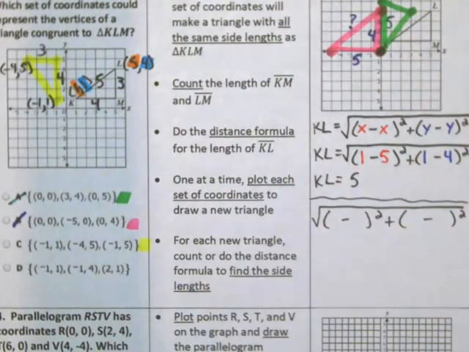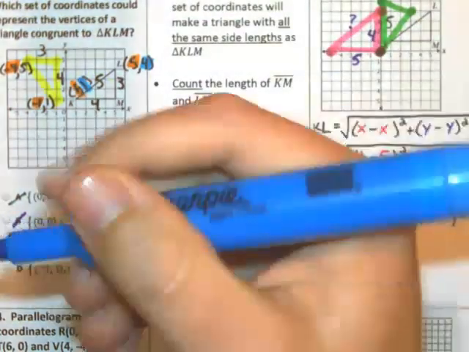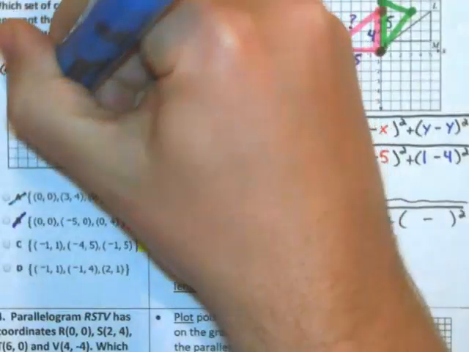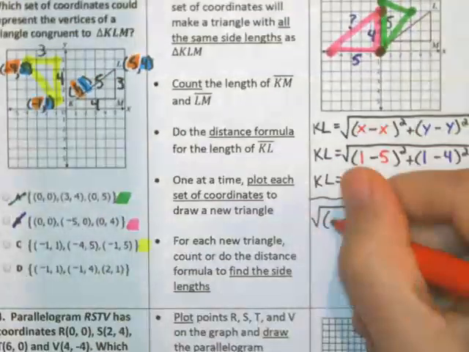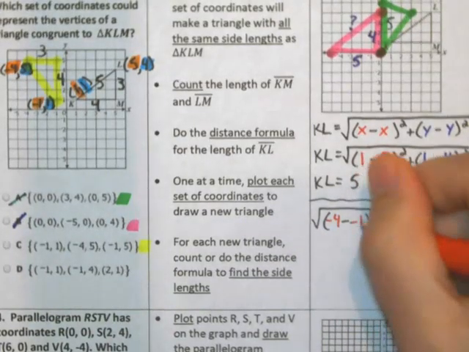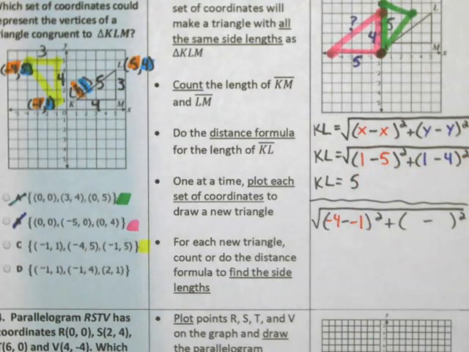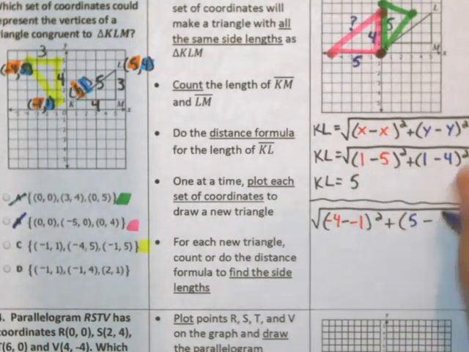So let me do some quick color coding. The first x value is -4. The other x value is -1. The first y value is 5. The other y value is 1.